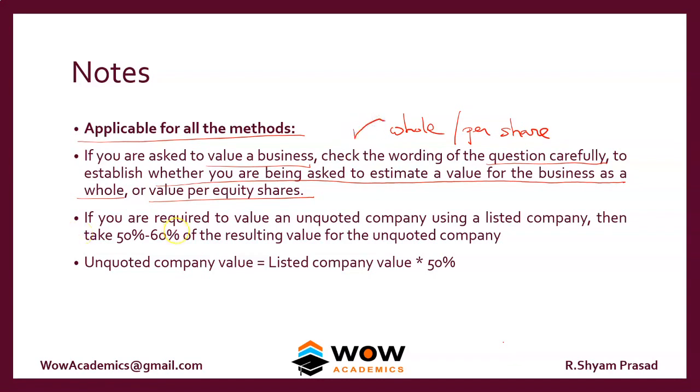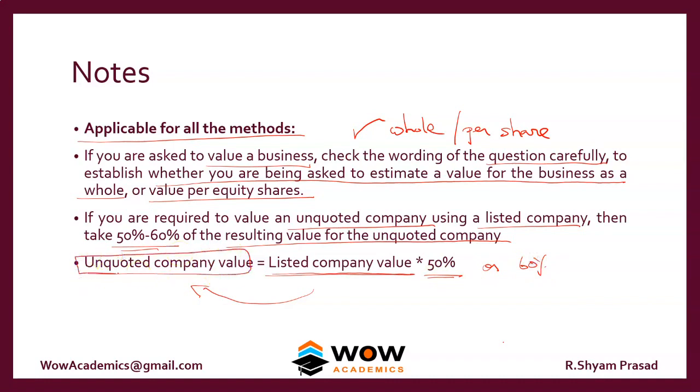If you are required to value an unquoted company using a listed company, then take 50% to 60% of the resulting value for the unquoted company. So if you are using a listed company to value an unlisted company and you used a method and got a value, out of that value take only 50 or 60% and get the value for the unquoted company.